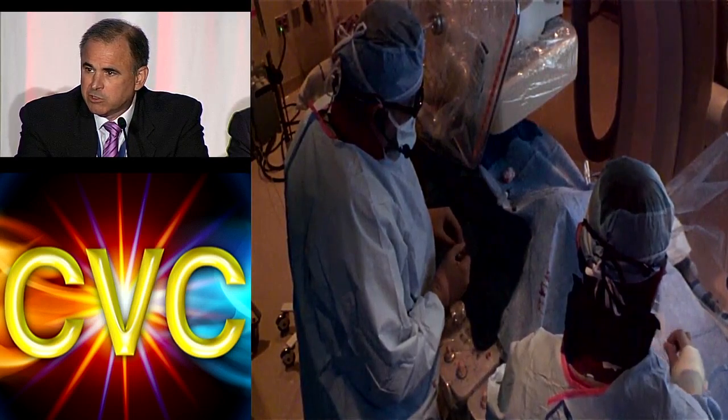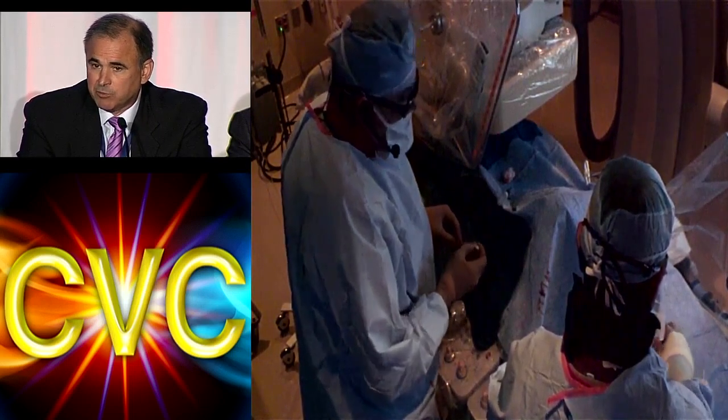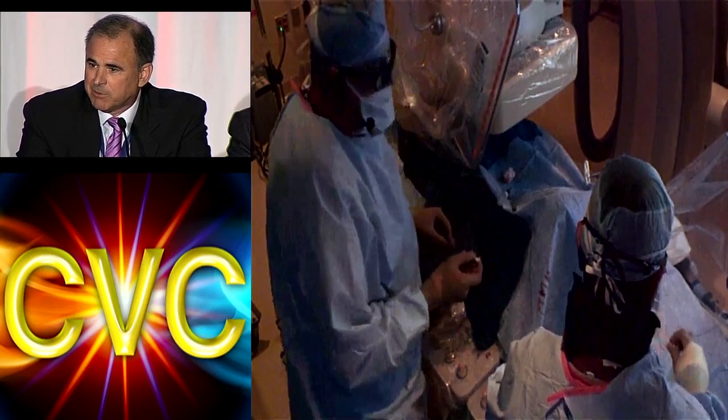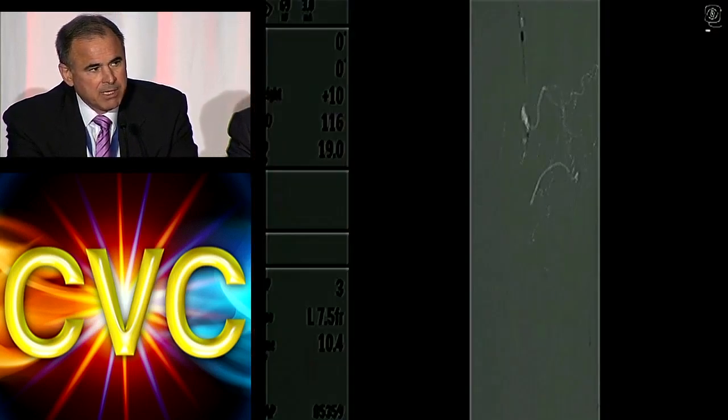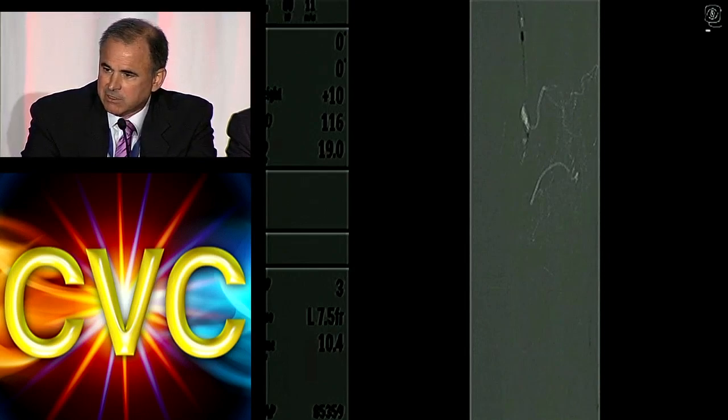When I went to Japan and worked with a lot of the guys there doing peripheral work, they showed me some of their coronary technique. A big part of what the Japanese do is pull back on the wire every now and then. If the wire feels bound as you pull it back, you're probably in the wrong space. That's a great tip that really has helped me a lot.